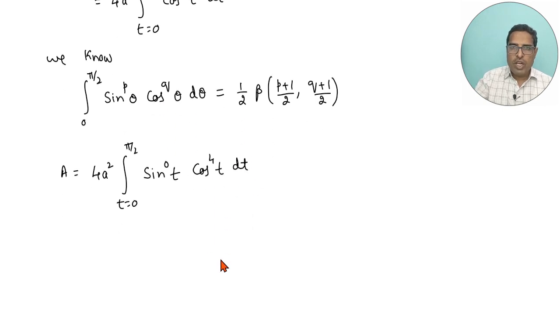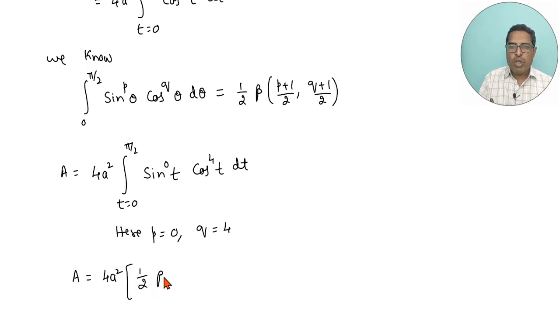If we compare, the value of p, that is the sine power, is 0, and what is the value of q in this case? The cos power is 4. Now using the right hand side value, area A will be equal to 4 times a square. So what is the formula you have? Half times beta of p plus 1 by 2, so p is 0, so 0 plus 1 by 2, comma q plus 1 by 2. The q value is 4, so 4 plus 1 by 2.